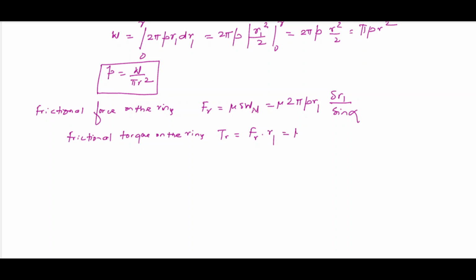So this will be mu 2 pi p r1 square del r1 by sin alpha.